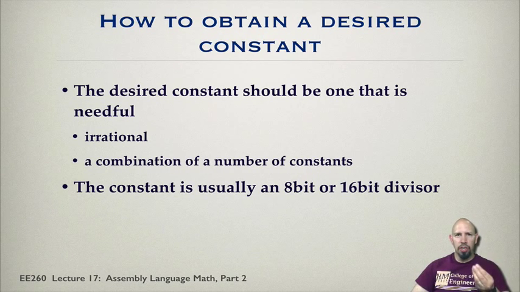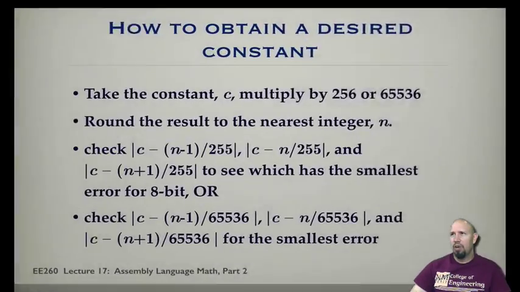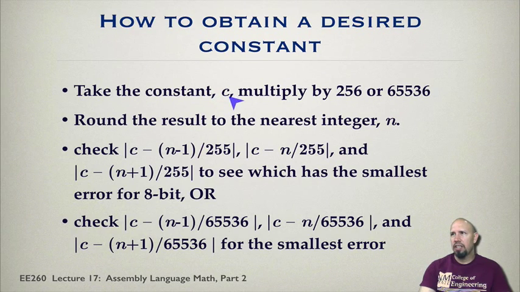How would we start with a number and get those approximations that I showed? How did I get those? How does anyone get them? Well, here's one way. We take the constant c, multiply it by either 256, which is 2 to the 8, or 65536, which is 2 to the 16, and round the result to the nearest integer, n. Then check whether n minus 1 or n gives the smaller difference between it and the constant you're looking for.